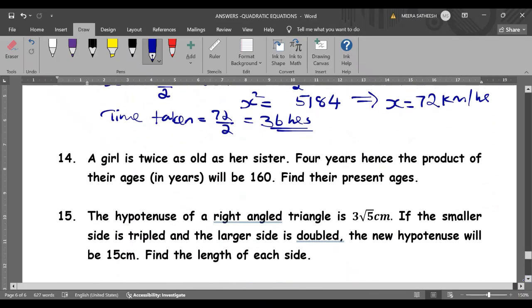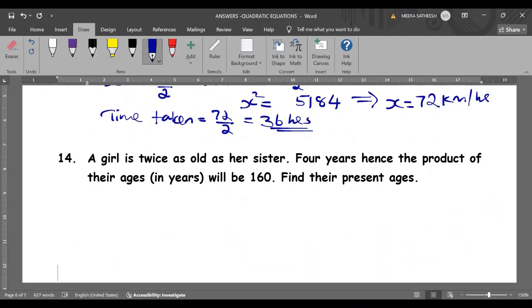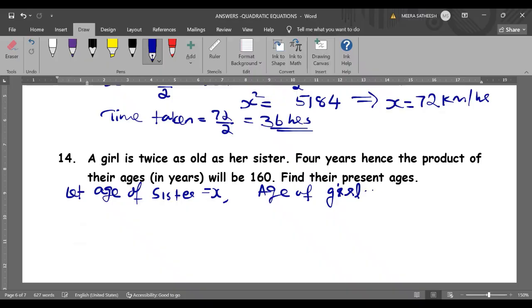That also is an easy question. A girl is twice as old as her sister. 4 years hence the product of their ages will be 160. Find their present ages. So let age of sister equal to x. So what will be the age of girl? Age of girl will be 2x.